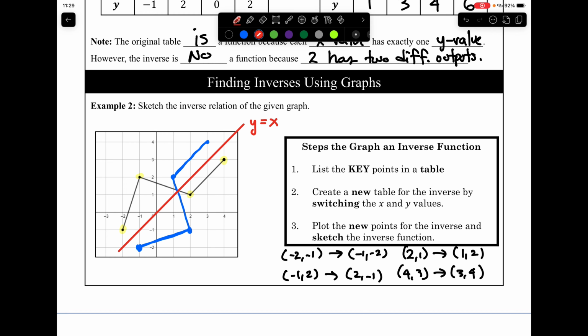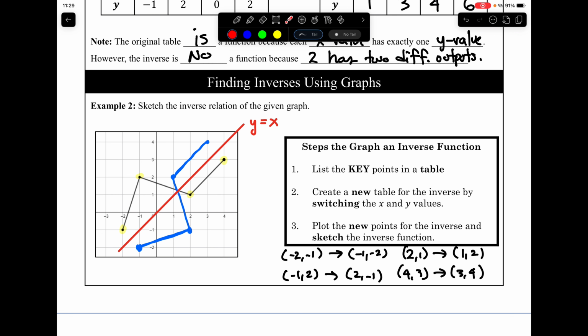So this diagonal line is y equals x. Notice that because all we're doing is switching the order of our x and y values, you see y is first and x is second, we end up creating a reflection of our relation across this red line.